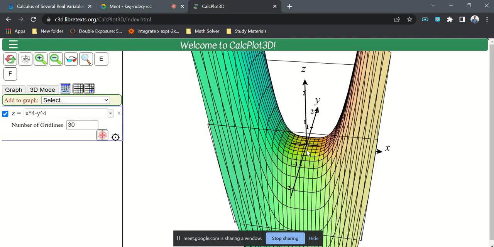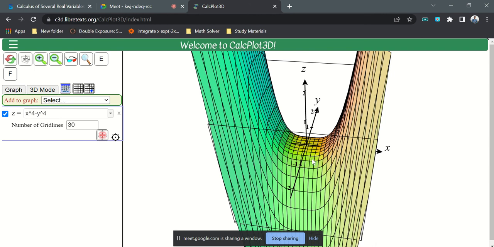So if you visualize the saddle point, this is the z axis, this is the y axis, and this is the x axis. Now if you look along the x axis, you will see that it's a minima, and if you look along the y axis, it's a maxima.